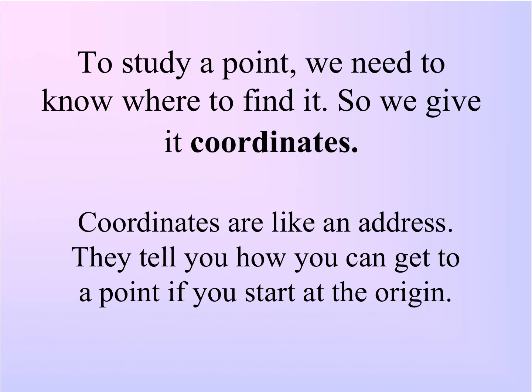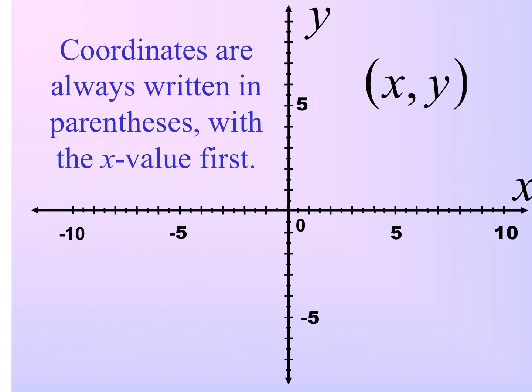I like how they say that coordinates are like an address. They tell you how to get to a point if you start at the origin, right? So the coordinates are the directions you're going. Perfect. So coordinates are always written with our little parentheses.